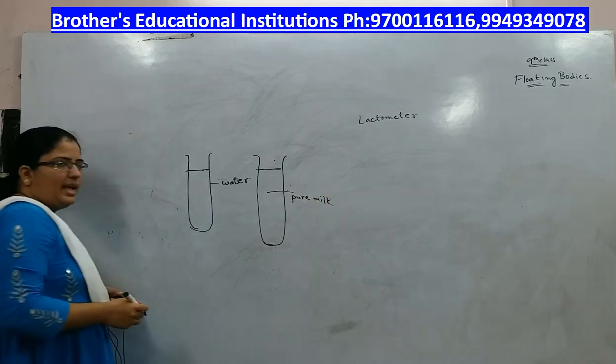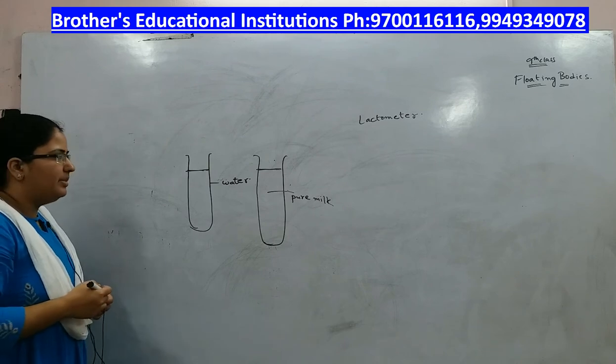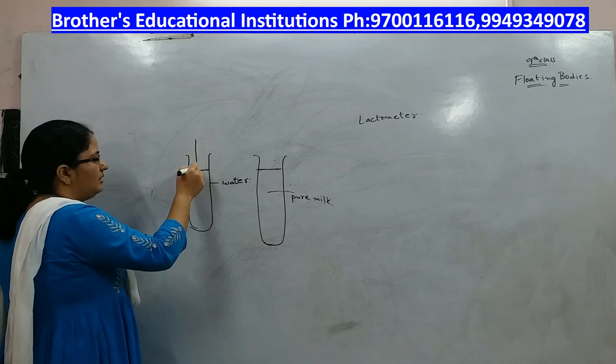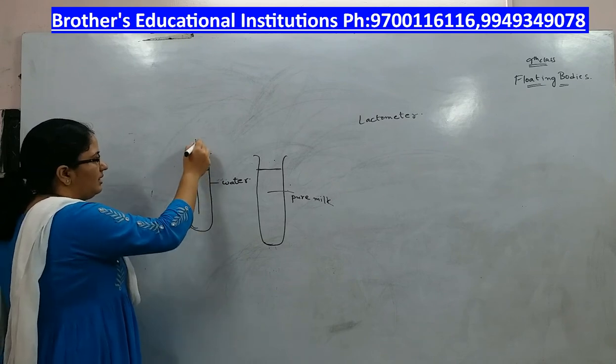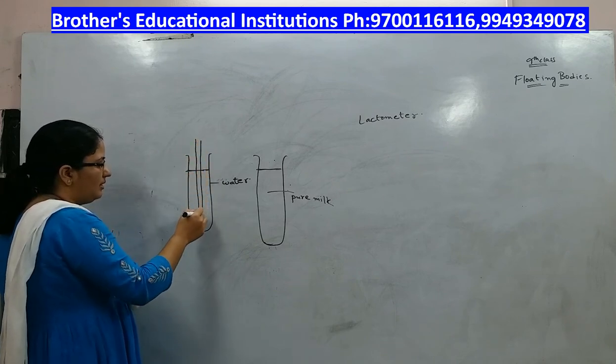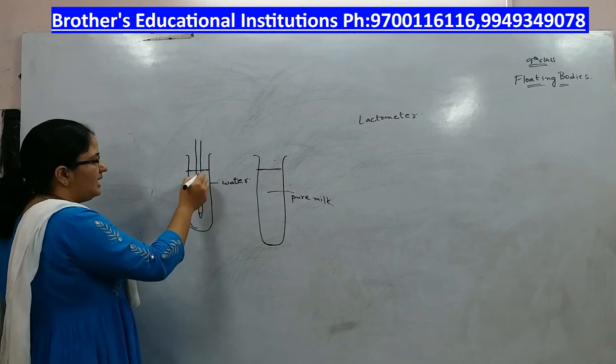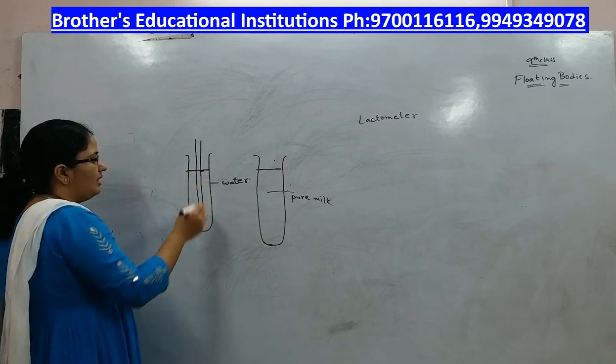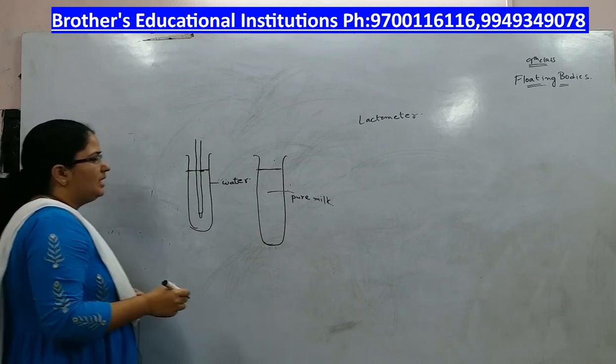Now take an empty refill that has a metallic nib and put it in water. Let us say it will sink to some extent, mark the level of the refill.